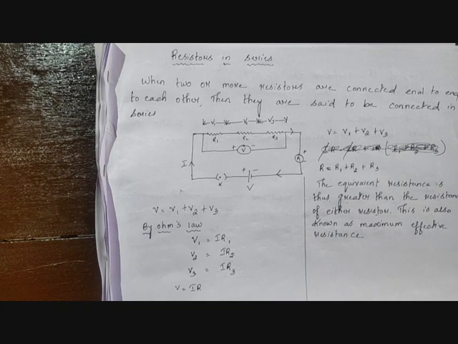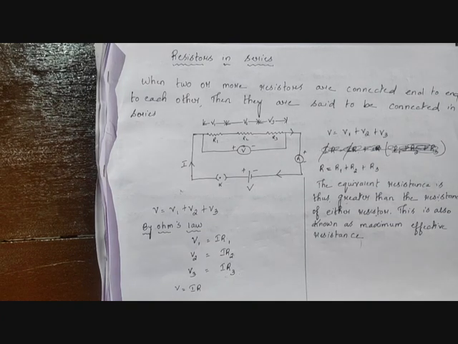And this is the disadvantage: if one bulb stops working, the other bulb will also be affected. One fan stops working, the other fan will also be affected. So this is the series connection.